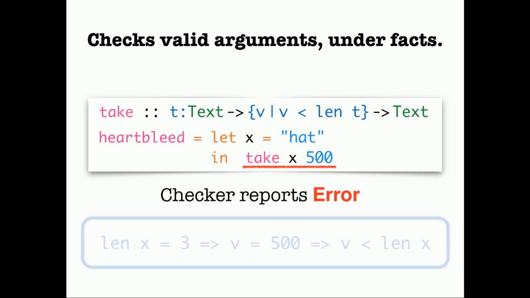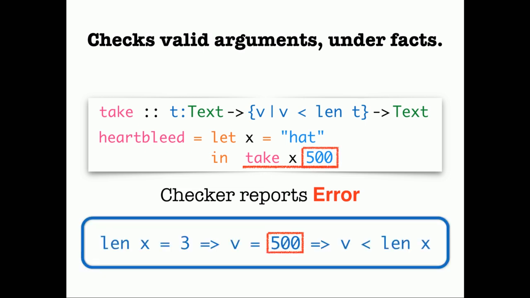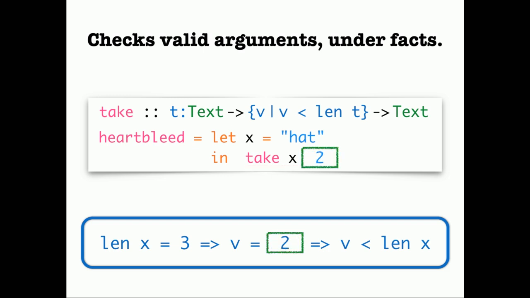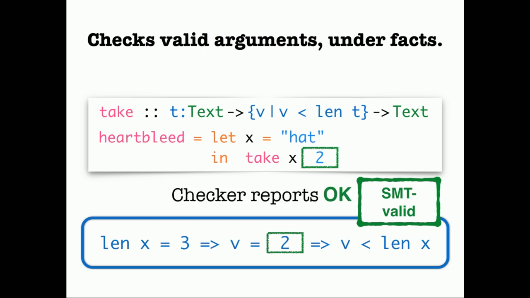And then LiquidHaskell is going to generate a refinement type error. And this error occurs exactly because my index is bigger than the length of the text, because I have this 500 here. If, for example, I have a 2, an index in bounds, then the SMT query would be valid. So LiquidHaskell would report OK.